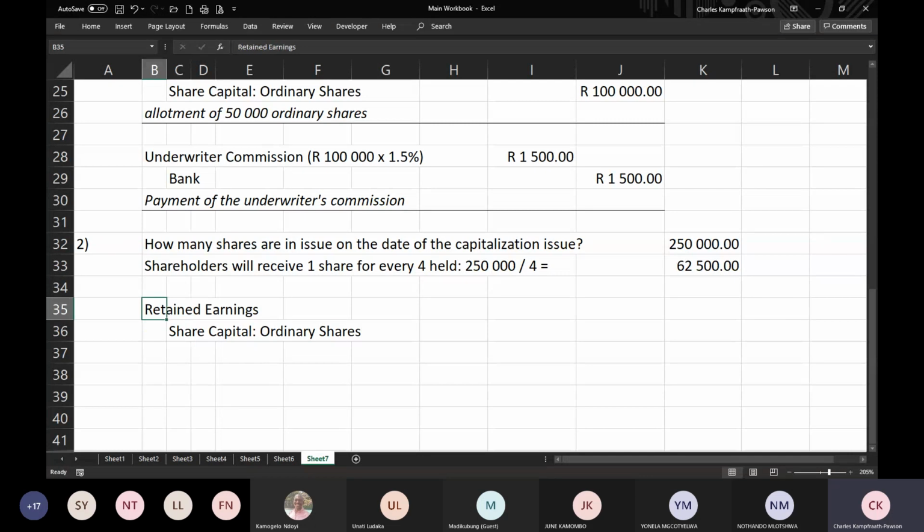We are transferring the fair value from the retained earnings account to the share capital account. Everybody happy with that? Capitalization of ordinary shares.